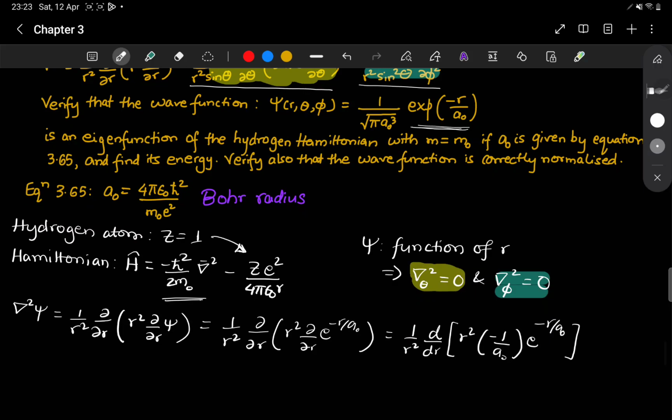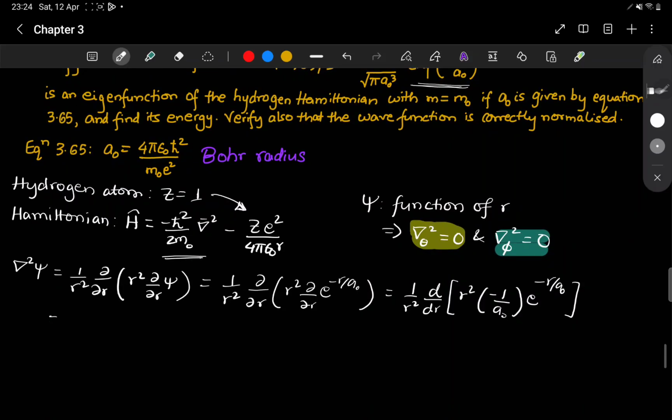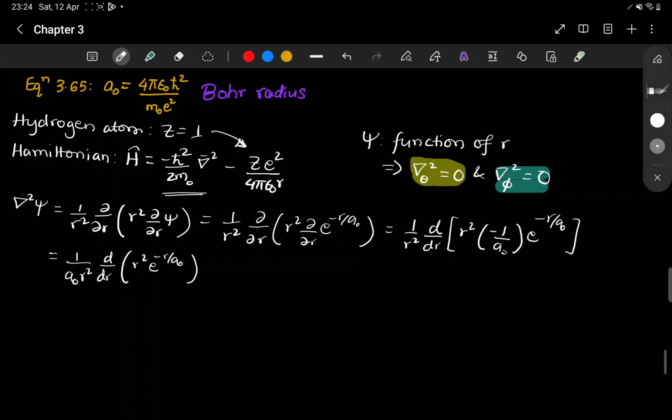Let me write it in the next line. Sorry, this minus sign comes over here, so this minus sign is there.